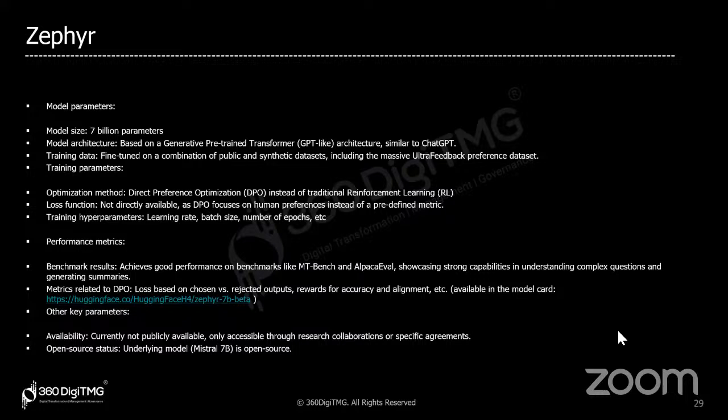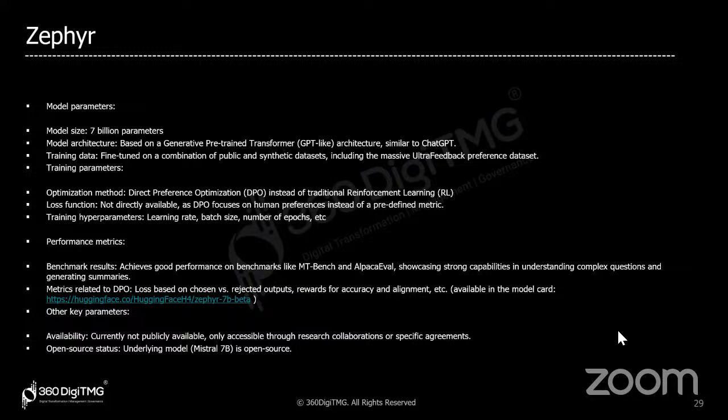Model architecture is based on generative pre-trained transformer GPT, similar to that of ChatGPT. Then training data, fine-tuned on a combination of public and synthetic data sets. Then optimization method: direct preference optimization instead of traditional reinforcement learning.